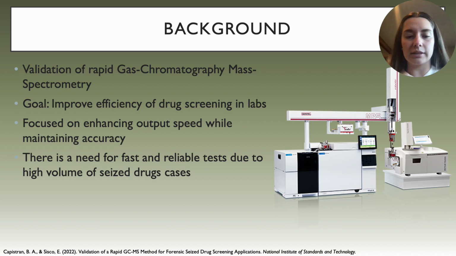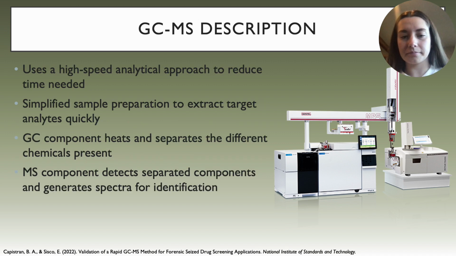And it focused specifically on enhancing the output speed while maintaining that accuracy and integrity. There is a need for fast and reliable test results due to the extreme volume of seized drugs that are brought into the lab every single day. So being able to analyze those quickly and accurately is very important.